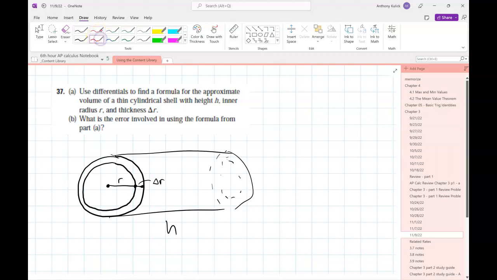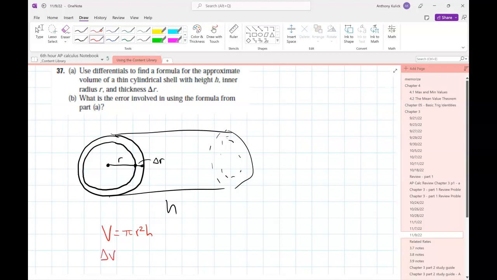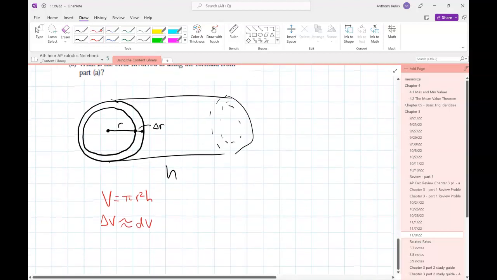So the volume for a cylinder is pi r squared h. So the delta V should be approximately the same thing as dV. That's all we're doing with our linear approximations.